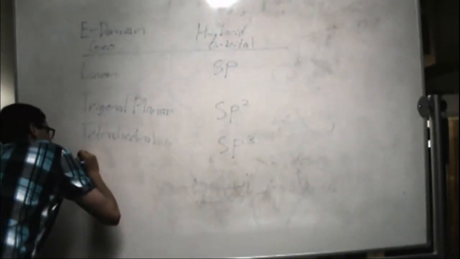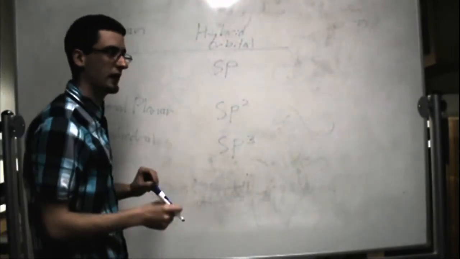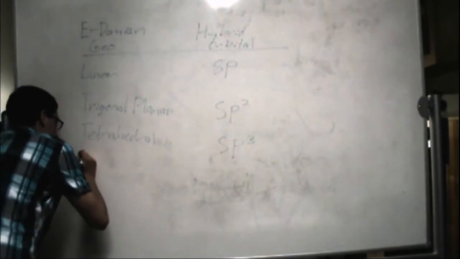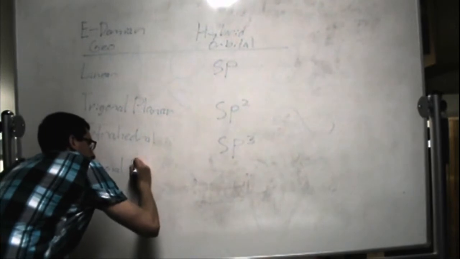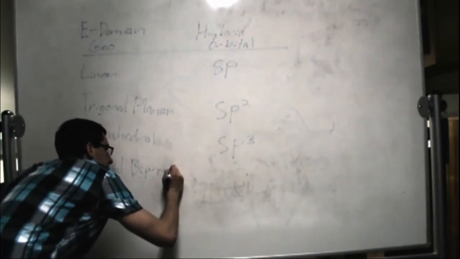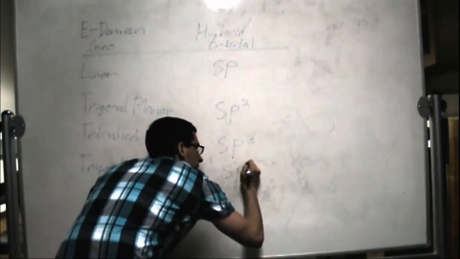Then if we go further, when we're looking at atoms that have D-like character, for example the transition metals or even sulfur, we can get trigonal bipyramidal structures, and they would have an SP3D hybridization.